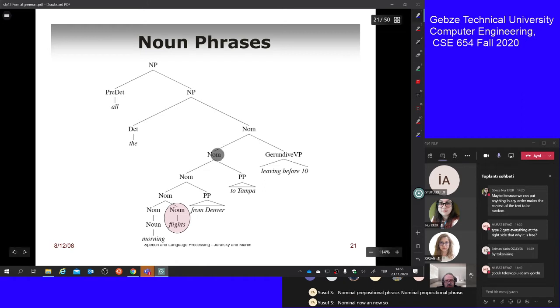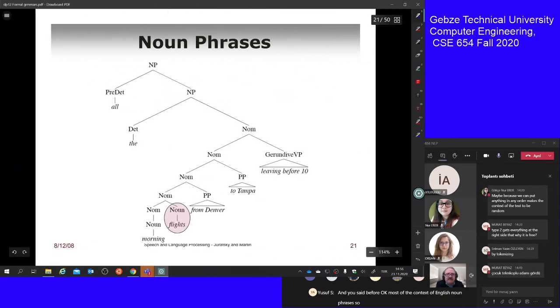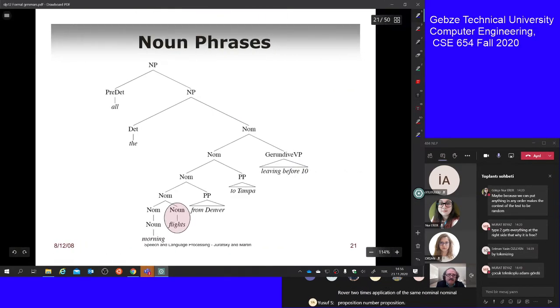So one, two, three, four nominal rule applications. As we said before, most of the complexity of English noun phrases is in there. So four times the application of that nominal rule, or two times the application of the same nominal rule, nominal preposition, nominal preposition. Okay?